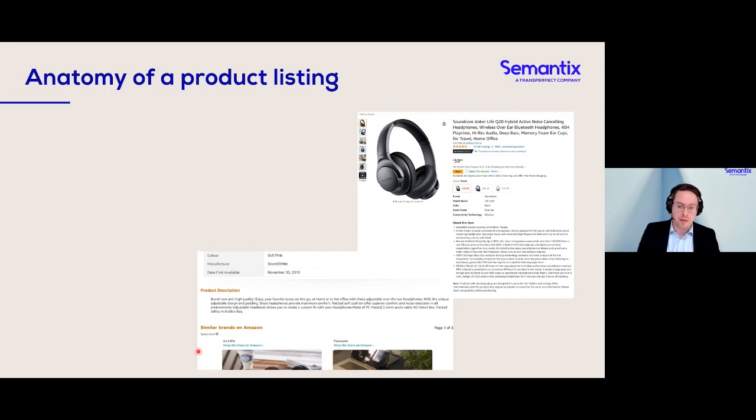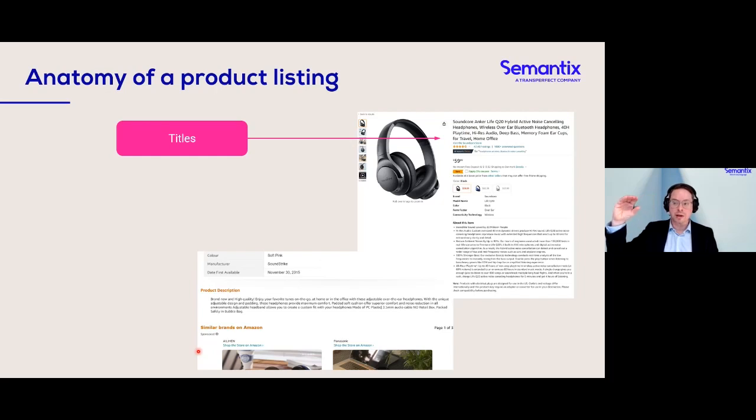So the most important are product titles. The product titles are always visible. It's the first thing you see from a text perspective, and it's also the thing you're going to see if you're using a computer, but it's also the top thing you're going to see if you're using a mobile device. So getting your product title correct and using the most important keyword in your product title is very important.